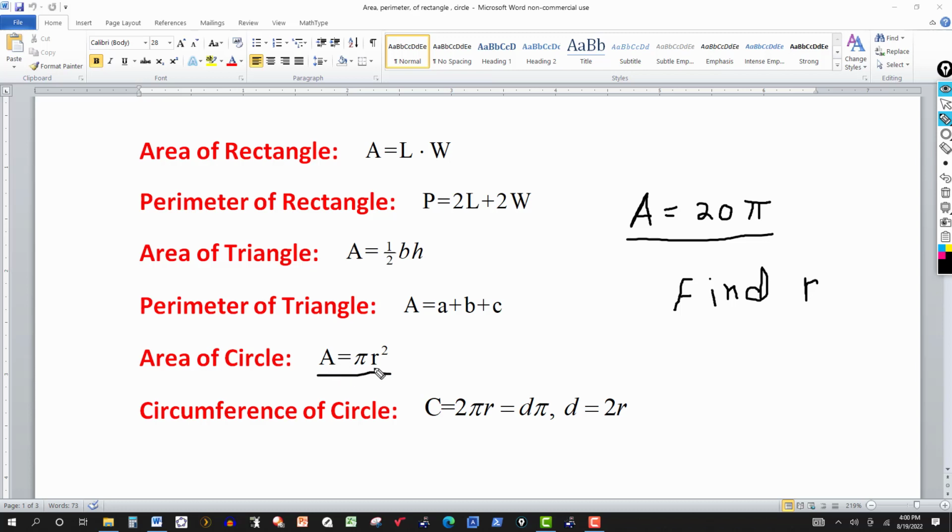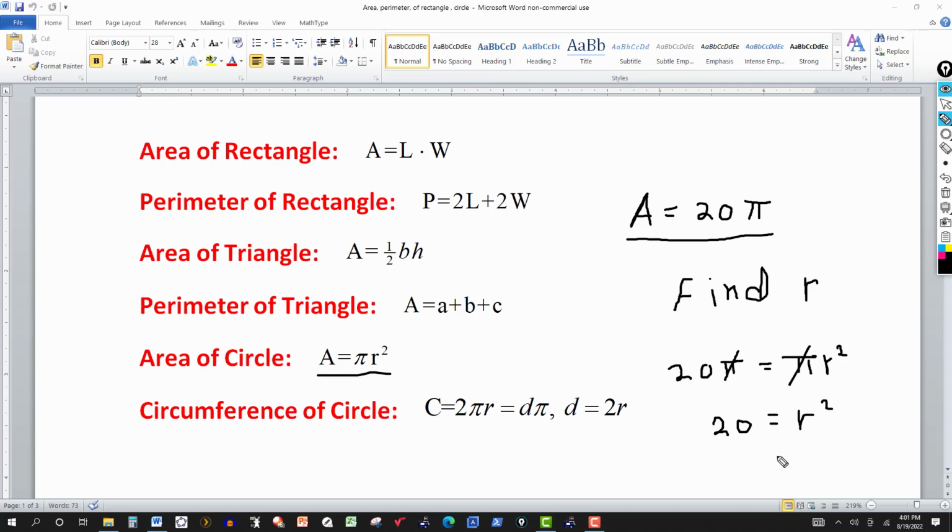A is equal to pi r squared. So using this formula here, A is 20 pi. You just plug it in, and that should equal pi r squared. And you solve for r. Divide this out, divide this out. So we get r squared equal to 20.